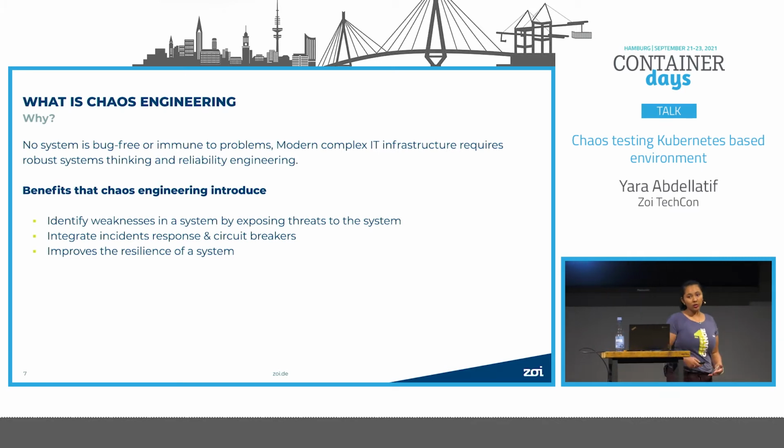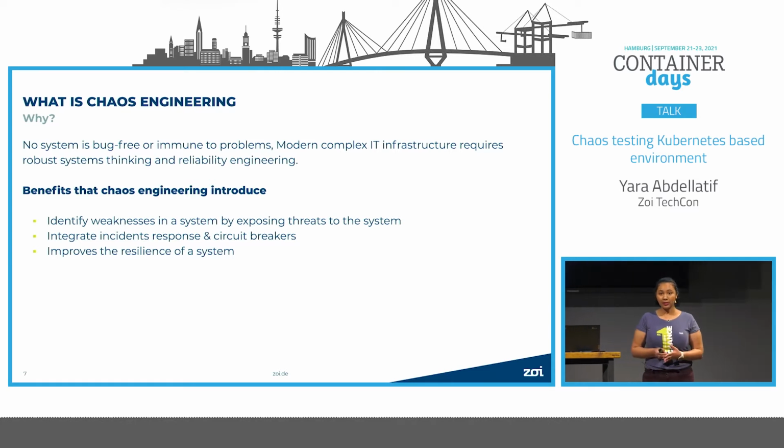So when you start exposing your system to threats, you see how your system responds, how it behaves, and then you can ideally discover some weaknesses, which means you get to also improve your system, or at least build an incident response mechanism or something similar.